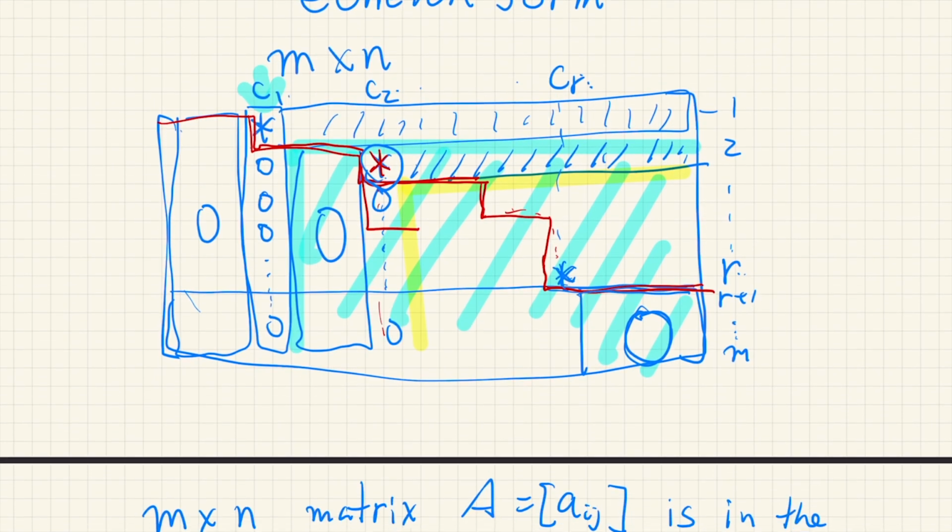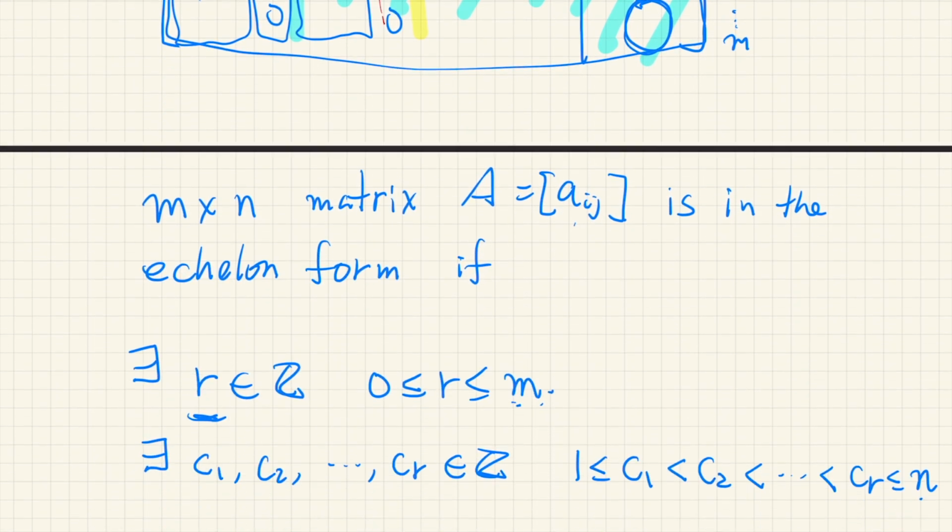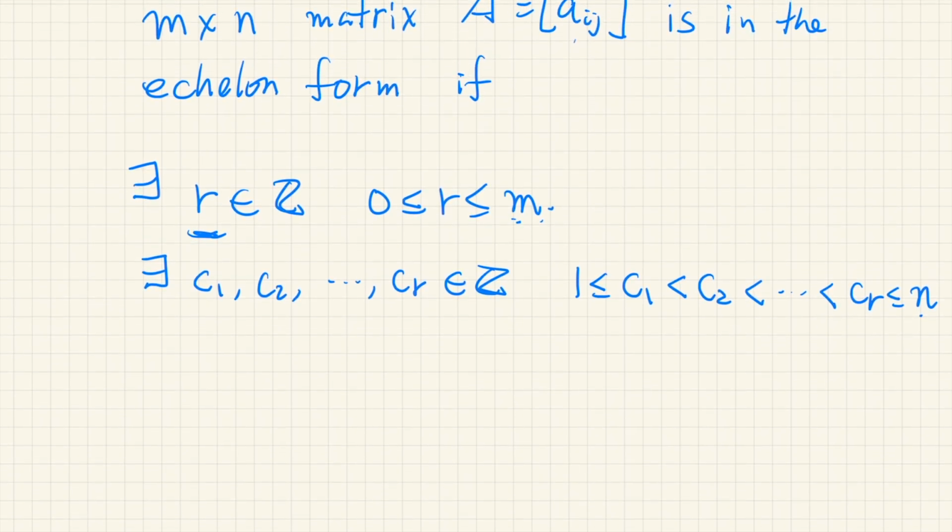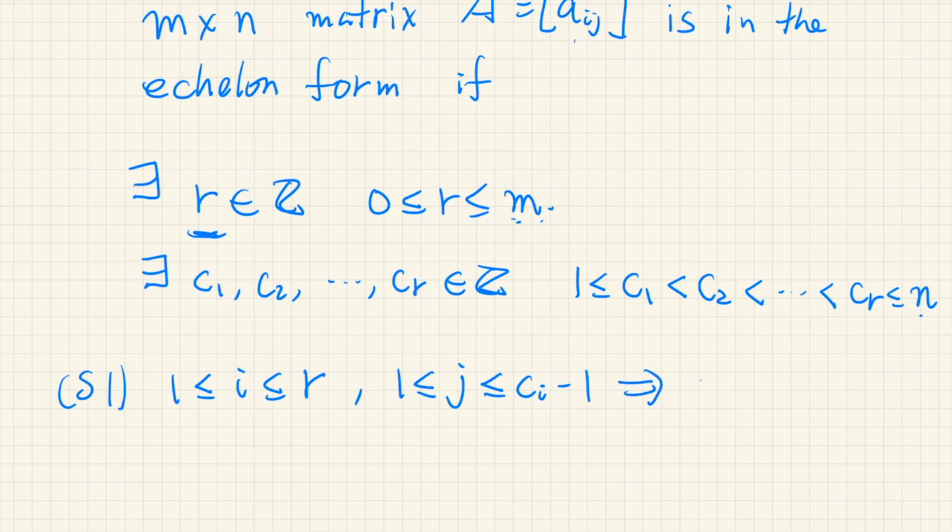So using these numbers r and c1, c2, and so on, we can define the echelon form in terms of the conditions these numbers should satisfy. So the first condition: if the row number i is between 1 and r, so if the row contains non-zero elements, and the column number j is between 1 and c_i minus 1, then all the elements a_ij are 0.